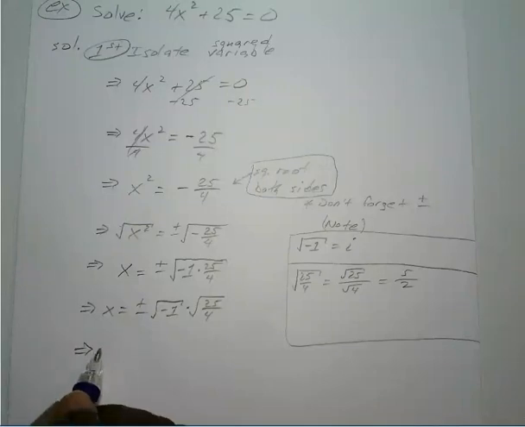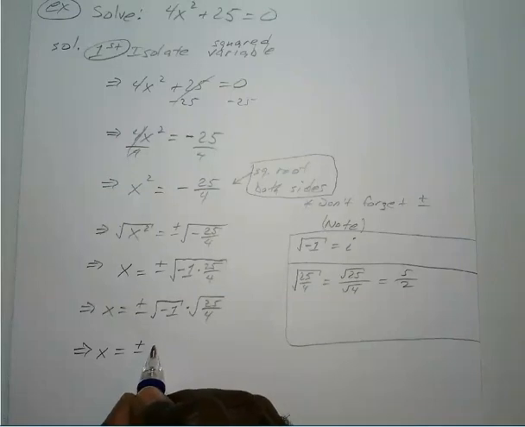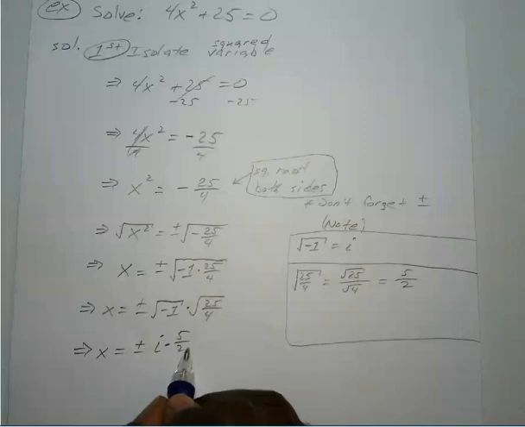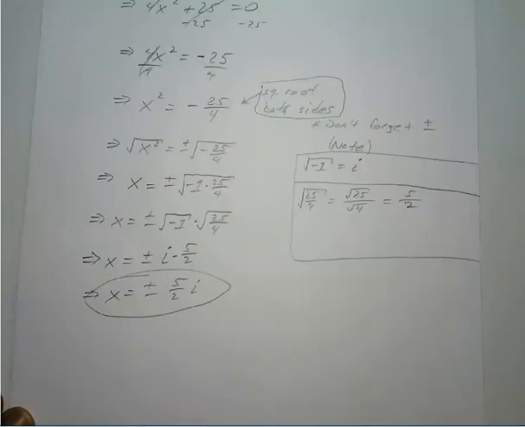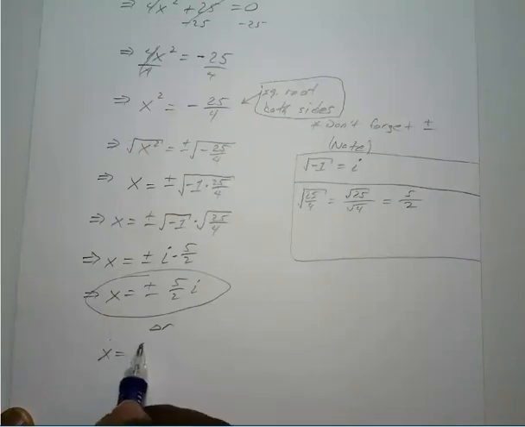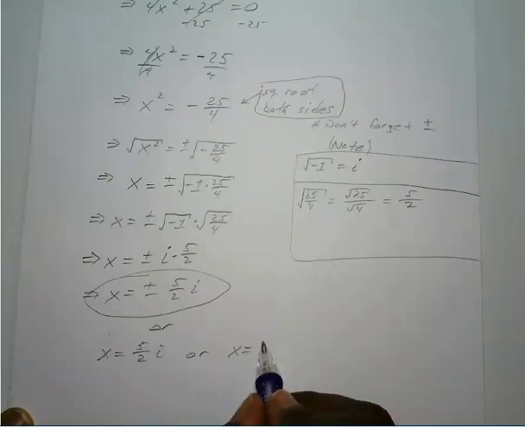So this will simplify to be x equals plus or minus i times 5 over 2, or you can just make it x equals plus or minus 5 over 2i. Or just like before, we can separate it. So x equals 5 over 2i, or x can equal negative 5 over 2i.